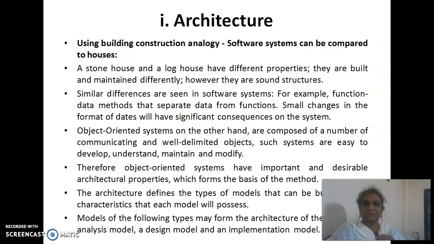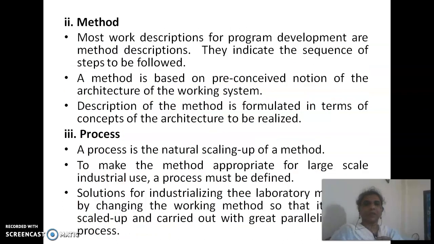The architecture defines the types of models that can be built and the characteristics that each model will possess. Models of the following types may form the architecture of the system: an analysis model, a design model, an implementation model. Then comes the method.